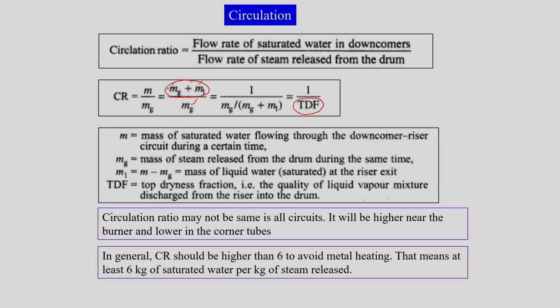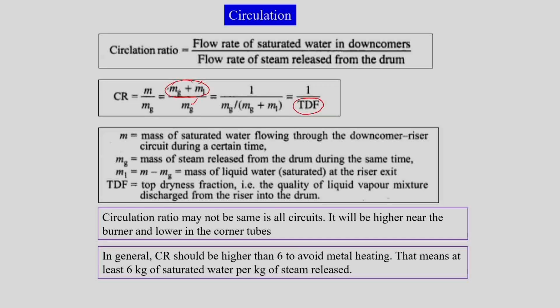Whatever it is, we need to provide a minimum circulation ratio of 6 into the circulation loop. If we cannot provide the minimum circulation ratio, then instead of the water getting heated, the metallic tubes would get heated from the flue gases. To avoid this, we need to provide a minimum circulation ratio of around 6 into the circuit.